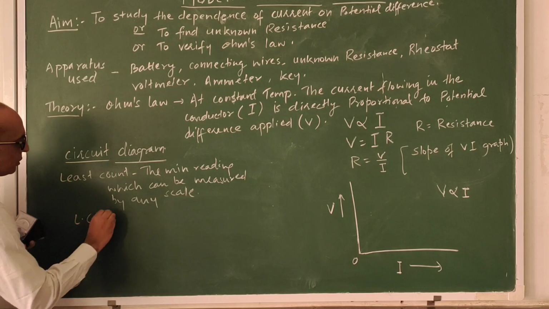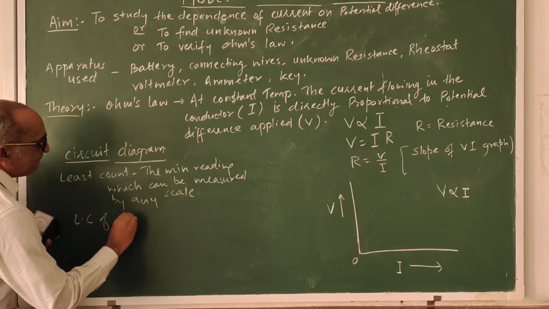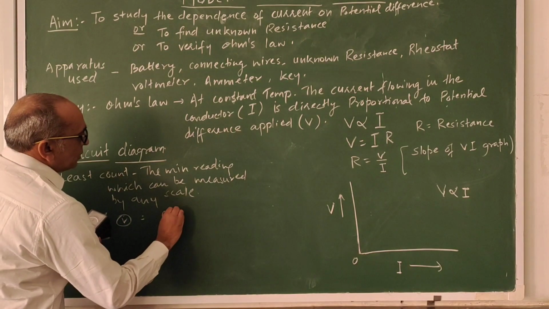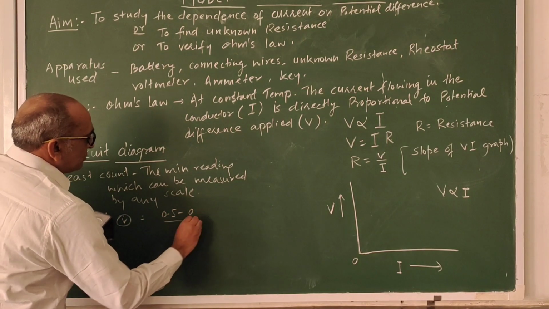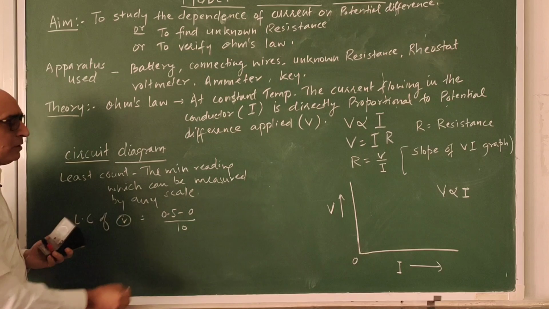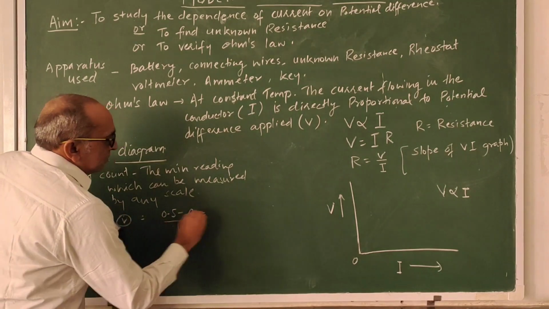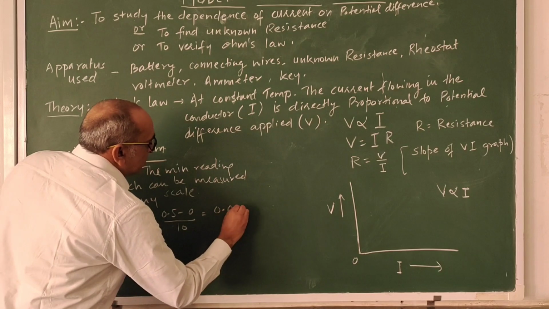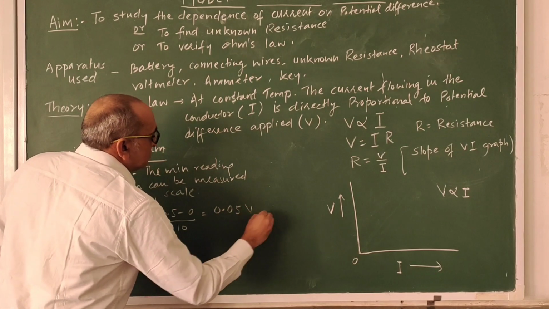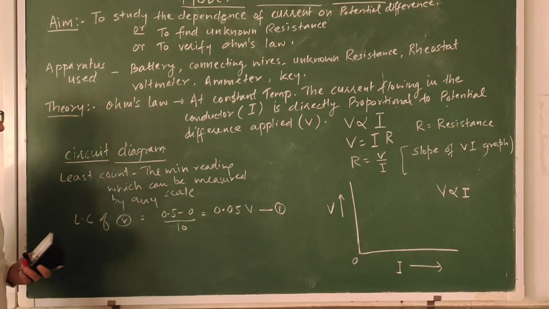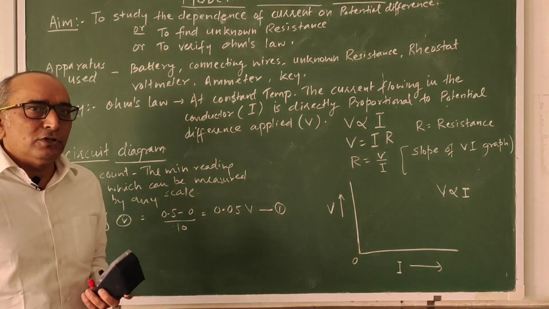So least count of our voltmeter is 0.5 minus 0 upon 10, because there were 10 smaller divisions. It becomes 0.05 volt. So one smaller division gives you 0.05 volt.